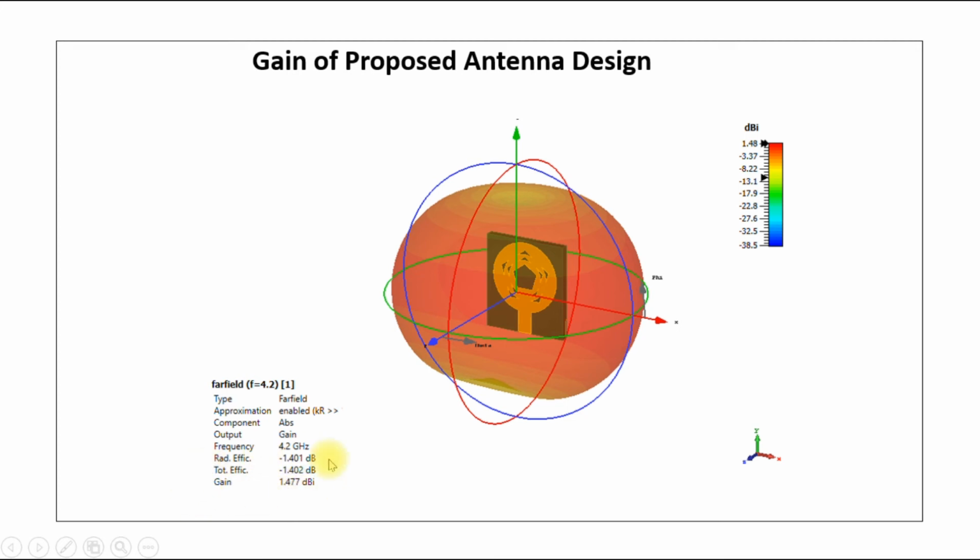This is the maximum gain provided by this particular antenna. Since we are using a small antenna and a partial ground, this antenna is not able to provide a greater gain. Antennas always have trade-offs, so that's why the gain here is 1.477. Still we are getting a positive gain, so that is okay for the application.